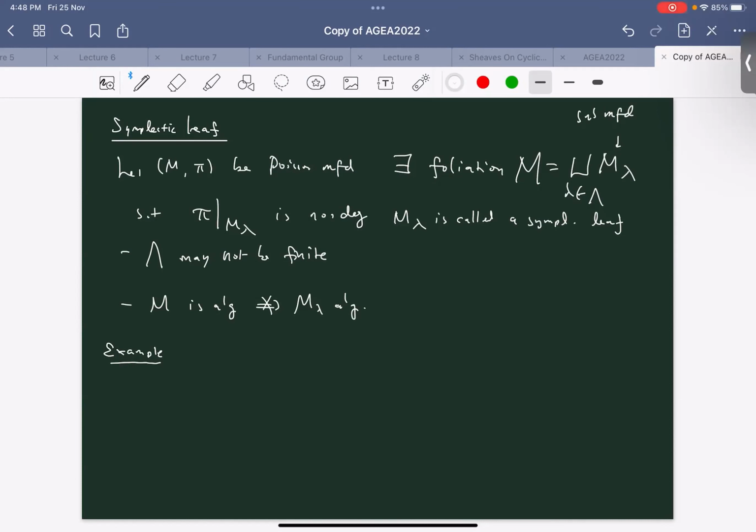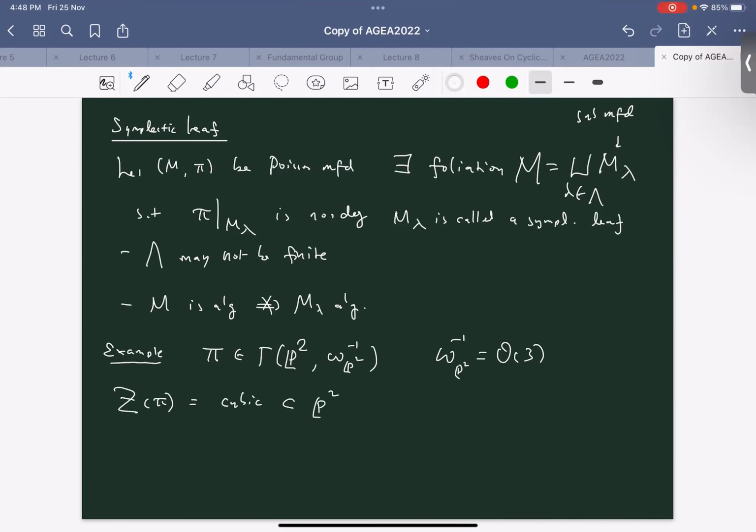So let me give one example of a symplectic leaf. Let's take pi to be an anti-canonical section of P2. In this case, we know omega of P2 is just O(-3), so the zero locus of this section will be a cubic plane curve.